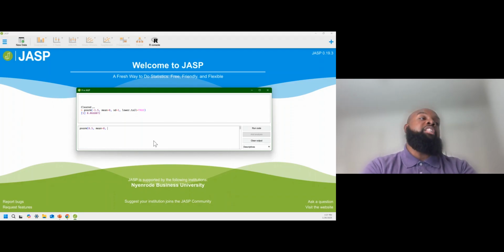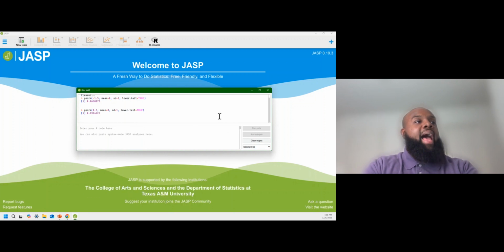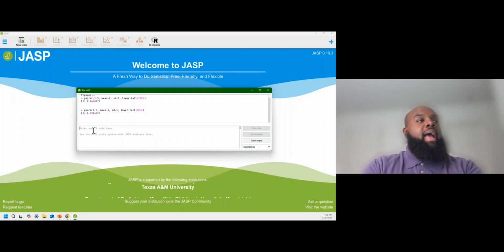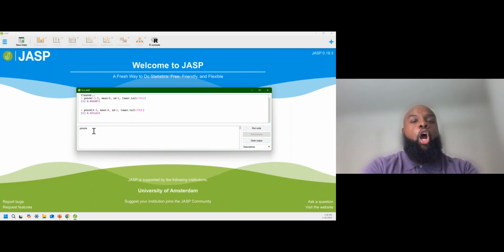So we're going to have a mean of 0, a standard deviation equal to 1, and we have lower.tail equals TRUE. If I run this code here, I get that Sam's score corresponds to an area that's equal to 0.69, right?